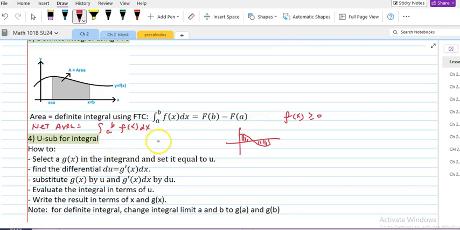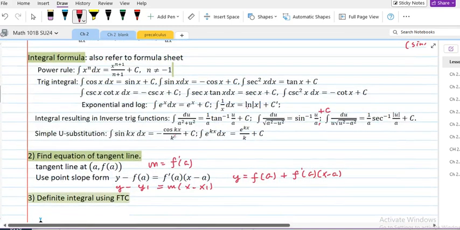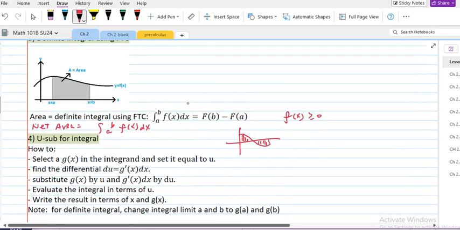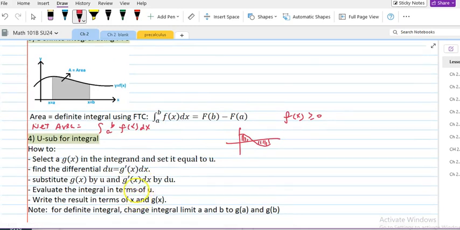U substitution for integrals. A lot of the time when we do integrals, you really have to use the integral formula. There is no product rule. There is no quotient rule. The u substitution is actually a reverse of the chain rule: if the function inside the integral, f of g of x, has an inside and outside, and the outside is g prime of x dx, then maybe you can change it into f of u du.